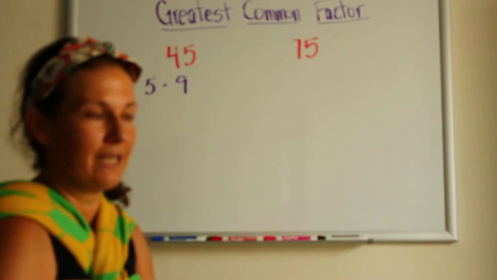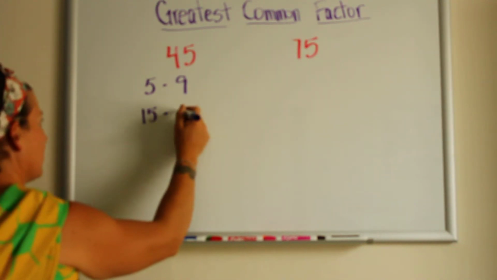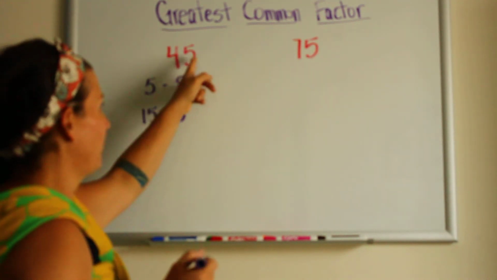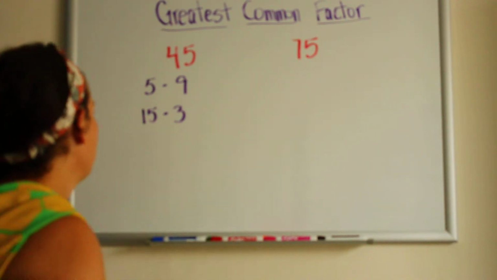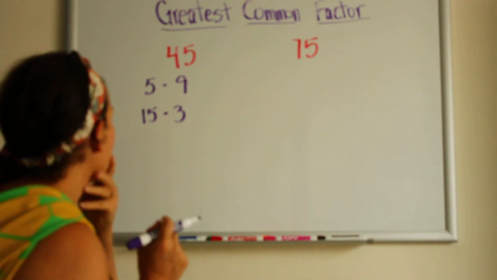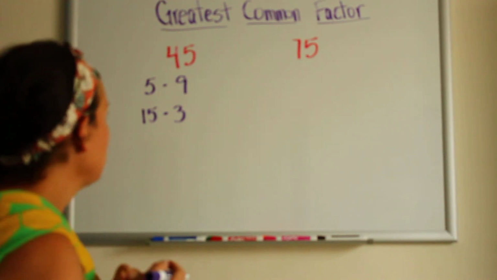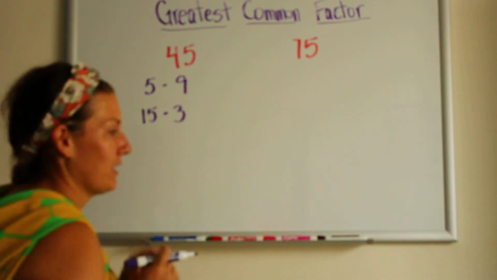What about 15? 15 will go into it three times. We know that 3 is a factor because if I add 4 plus 5, I get 9, and 9 is a multiple of 3. Is there any other factor of 45? Not that I can think of right now, but I could be wrong, so I might have to come back.